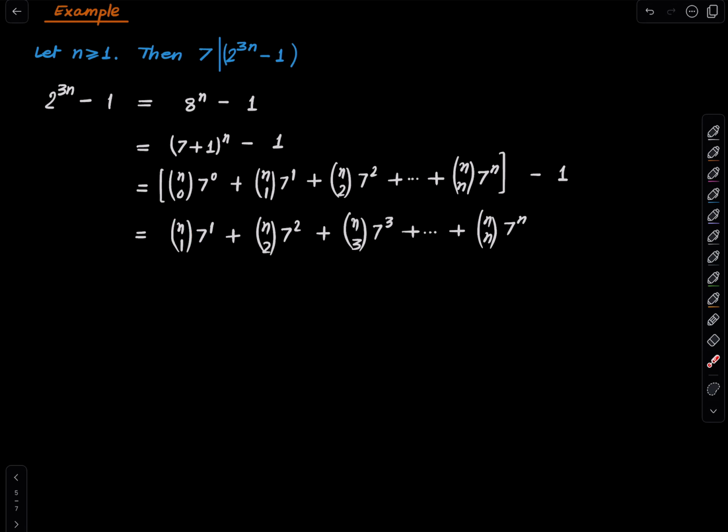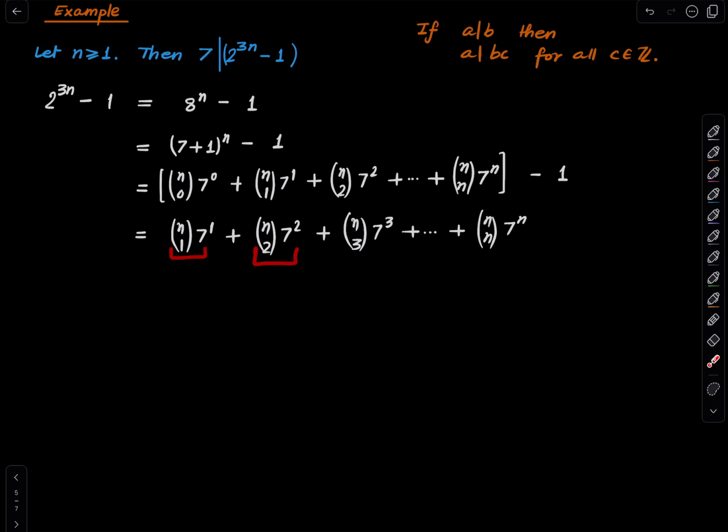So perhaps you can write another property. You can say that if A divides B, then A divides BC for all integers C. And this is another property that we did not see explicitly, but of course this is true. So this is divisible by 7.